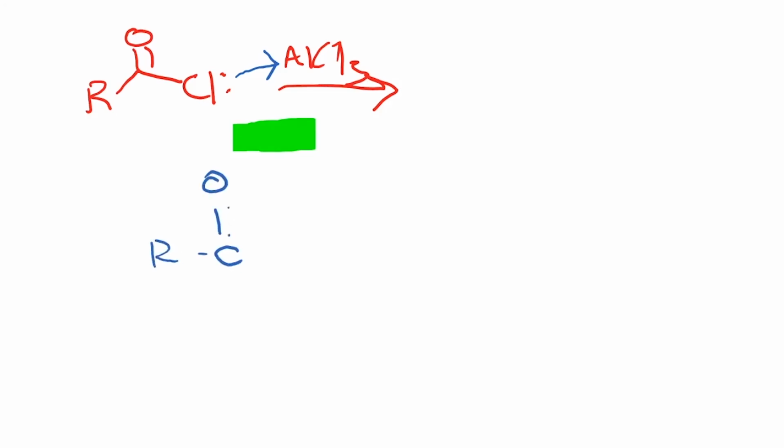C double bond O Cl, and then there's going to be a complex with AlCl3, and this is going to eventually produce... the electrons are going to be pulled from here, and while those electrons are being pulled, it's also likely that the lone pair of oxygen is in play and it moves over here.